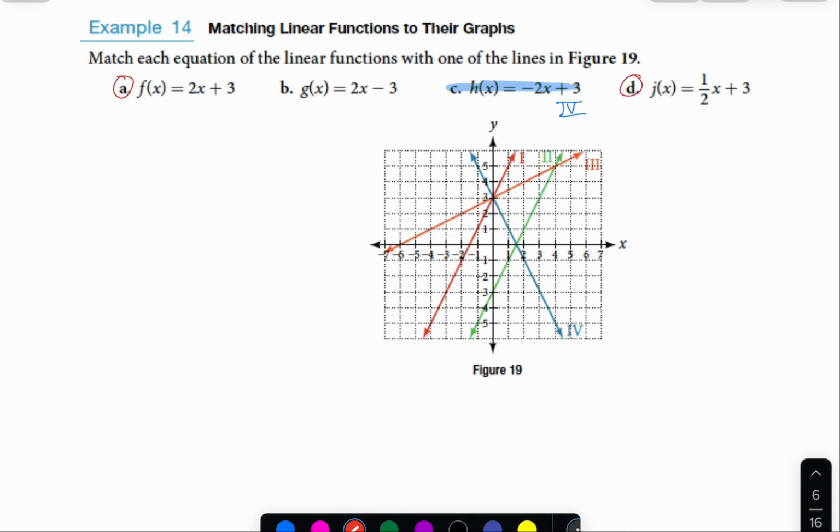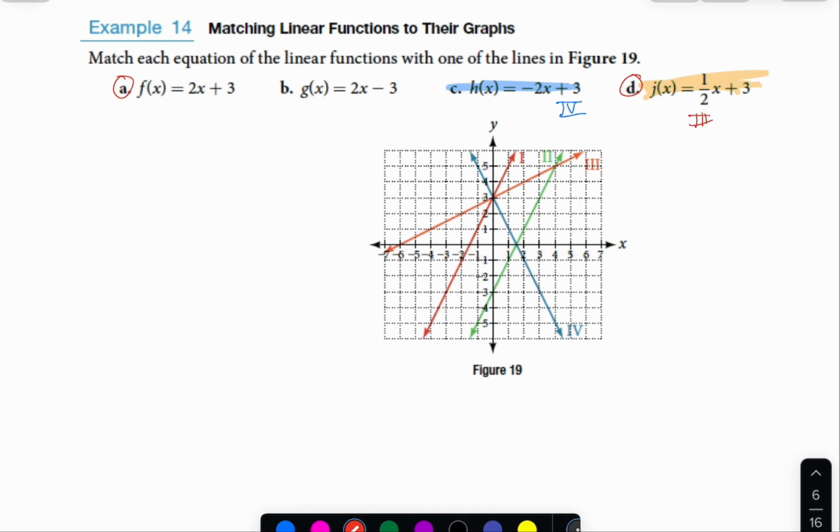You'll see they both have a y-intercept of 3, but this slope is not as steep, so I would assume it's this orange one. And does its slope go up 1 over 2? Well, let's check. From this point, up 1 over 2, up 1 over 2. This line in orange is line 3.